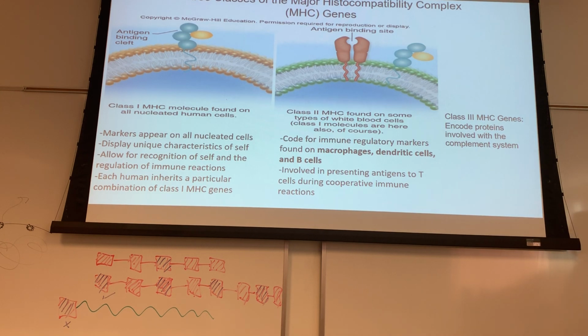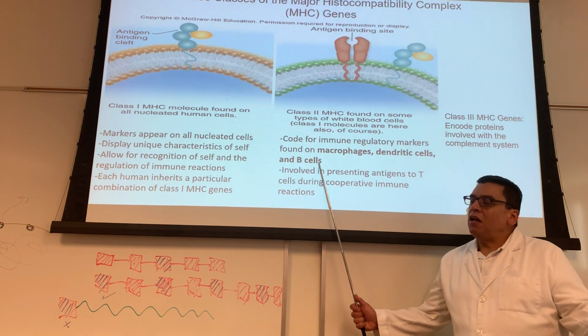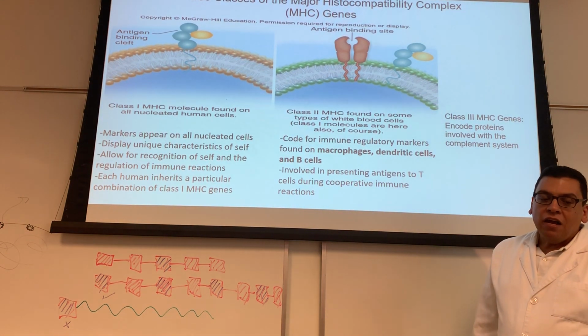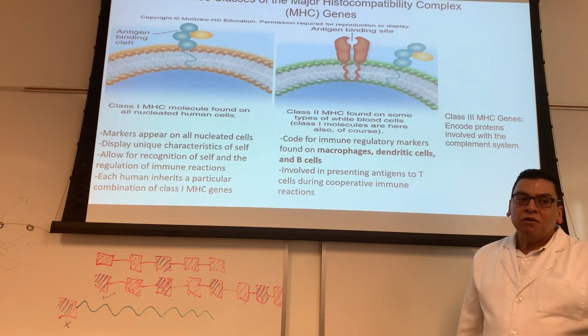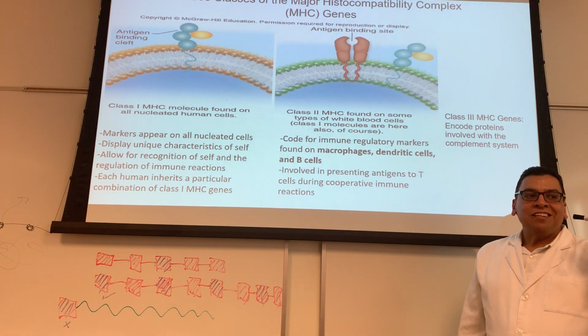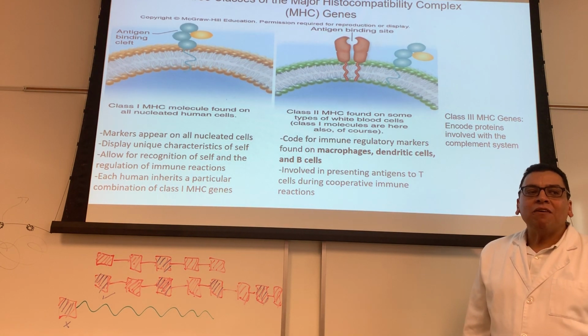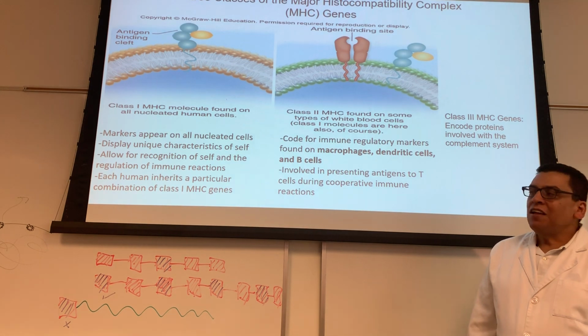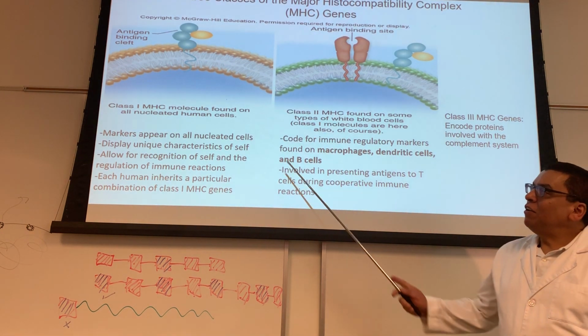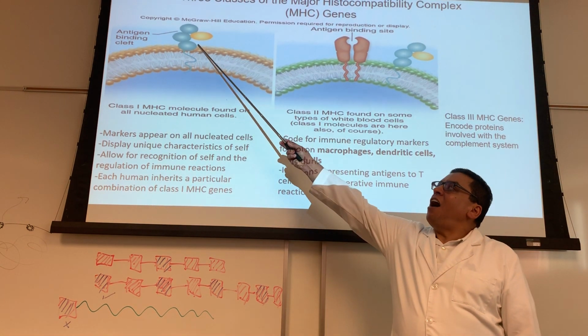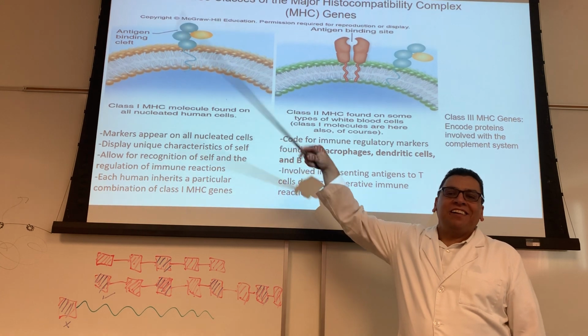Every time you present an antigen, if you're a macrophage, dendritic cell, or B cell, to the T cell, it's going to be on the MHC2. Unless you are virally infected. If you are virally infected, you're presenting the antigen on MHC1.